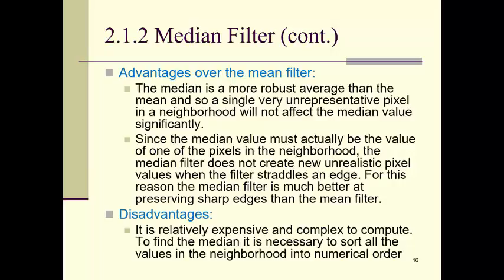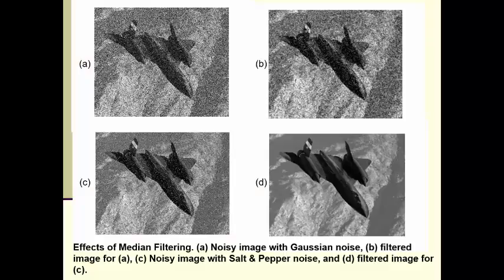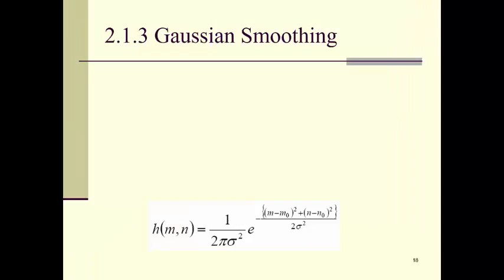The only disadvantage is that it is relatively expensive with respect to computation. It needs more time to compute, especially for large images, because for each pixel I need to sort, take the median, and repeat this operation for all of the pixels in the image.